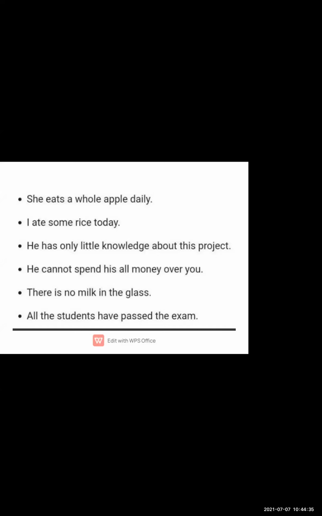Now here we have some examples. She ate a whole apple daily. Now the word "whole" is not a perfect measurement. The word "whole" comes under the adjective of quantity.